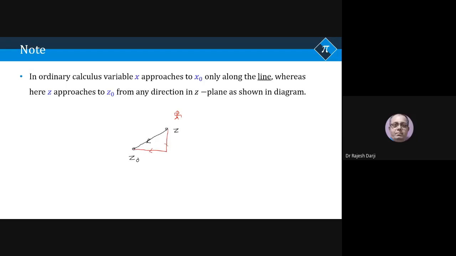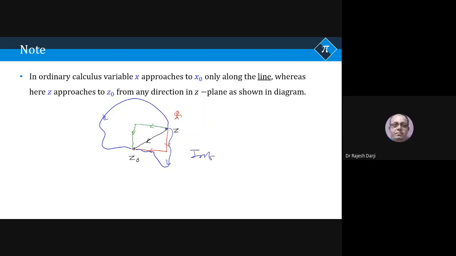This is also true; in this case also this goes to z0. Someone says, sir, I want to move in this way. No problem, this is also true. Someone says, no sir, I want to move in this way. This is also true. So now can you say how many possibilities there are when z approaches z0 in the complex plane?